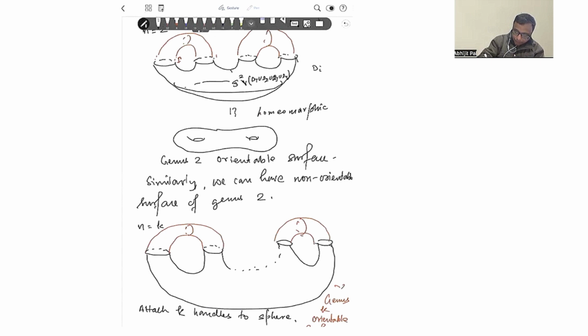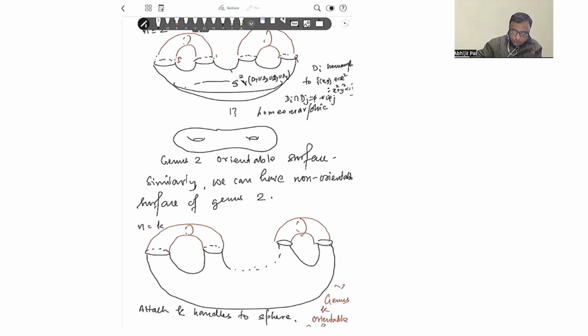Each Di is homeomorphic to an open ball, and they are disjoint with each other. So Di intersection Dj is empty for all i not equal to j.